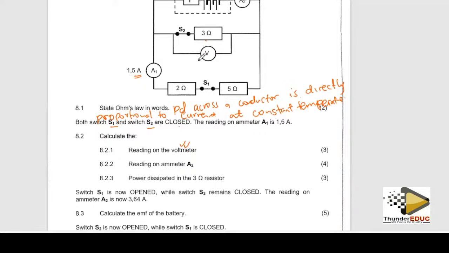Okay. So what I'm gonna do, since this and that are in series, I can combine this so that I have a total of 7 ohms. Okay. So the current through this is gonna be 1.5.